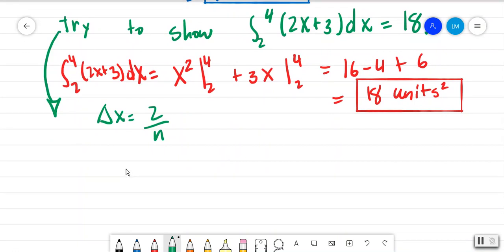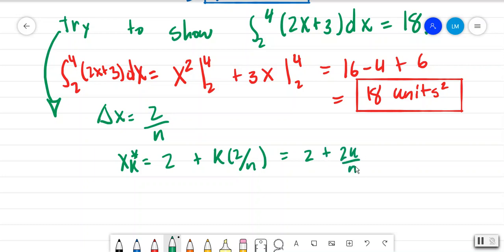At this level, it technically doesn't matter, because you would say that xk star is equal to 2 plus k times 2 over n, so 2 plus 2k over n.